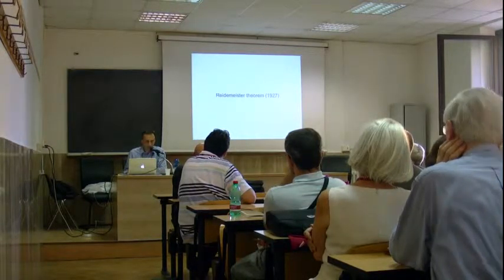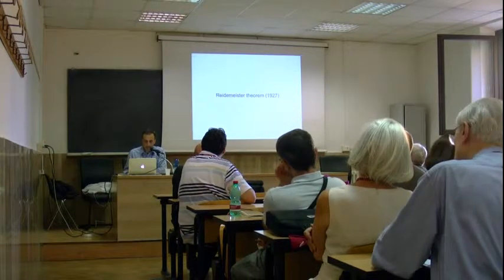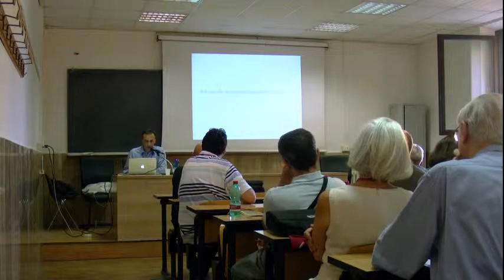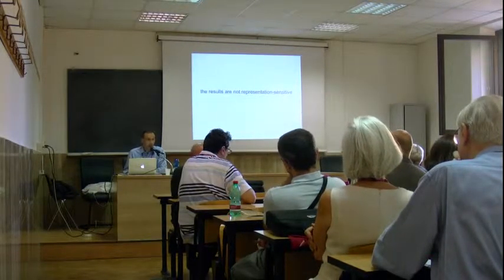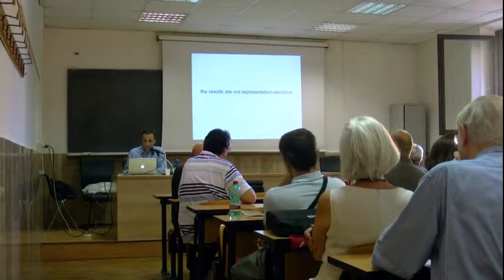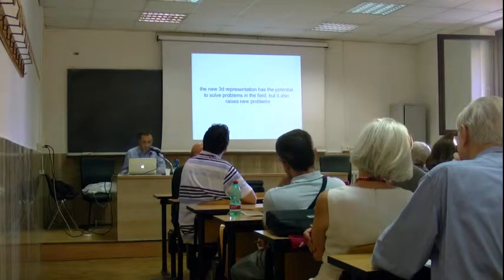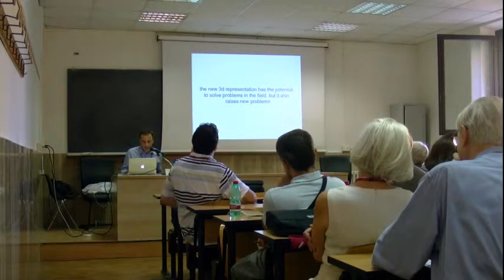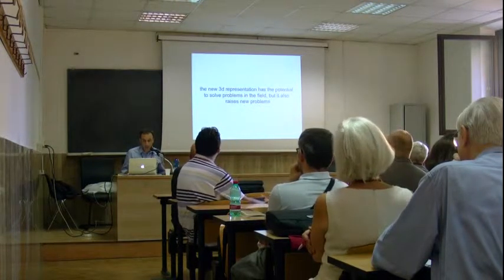And we need a theorem to be sure that we can avoid this problem. This is the Reidemeister theorem, proved in 1927. And so we know that some results in knot theory are not representation sensitive. So this two-dimensional representation has the potential to solve the problem in the field, but it also raises new problems.